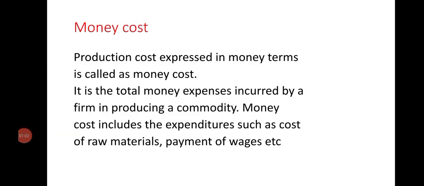It is the total money expenses incurred by the firm in producing a commodity. So money cost includes expenditure such as cost of raw materials, payment of wages, salaries, rent, interest on capital and so on. These are the examples for money cost.